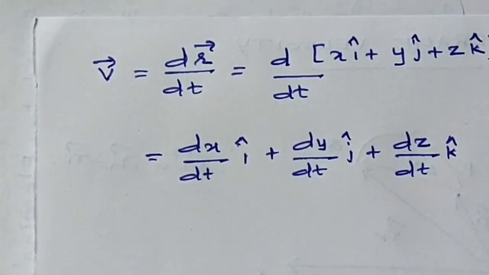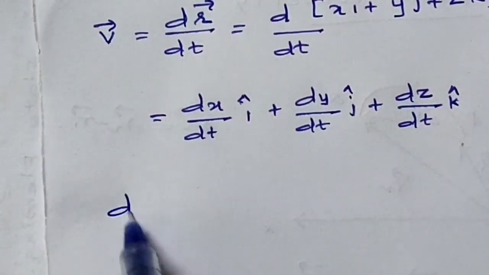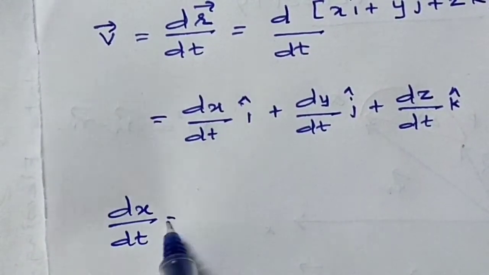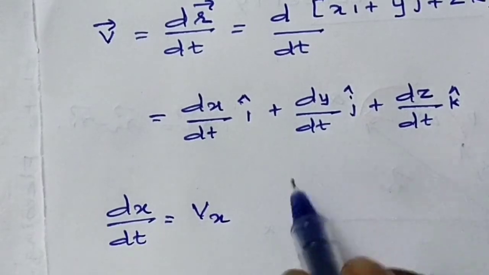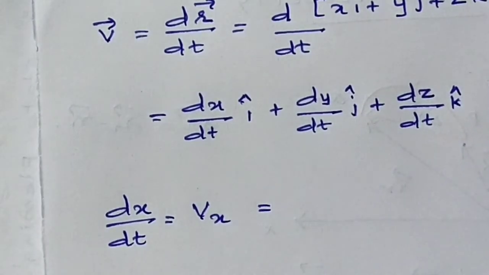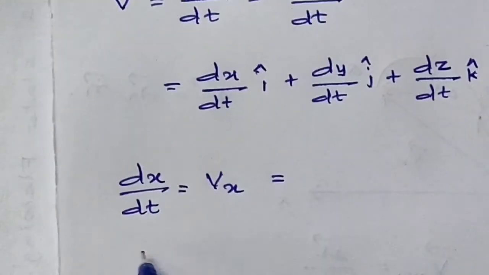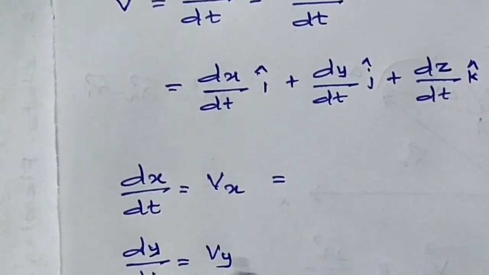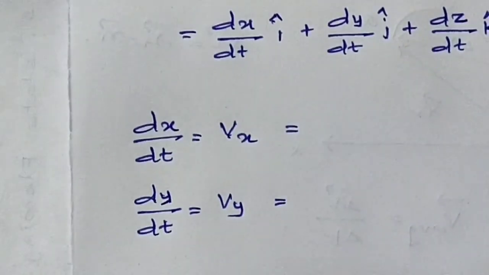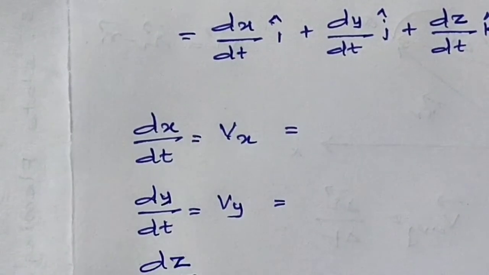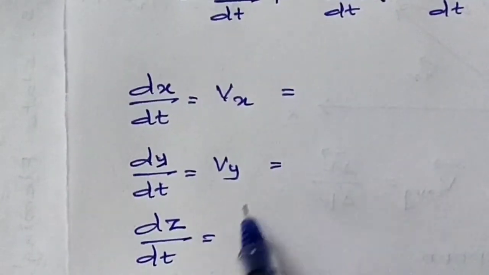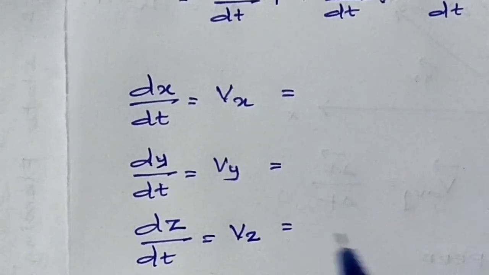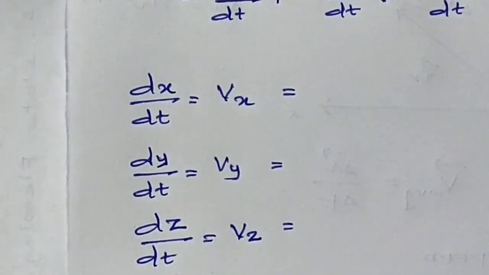Here dx by dt is vx, the x component of the velocity. dy by dt is vy, the y component of the velocity. And dz by dt is vz, the z component of the velocity.